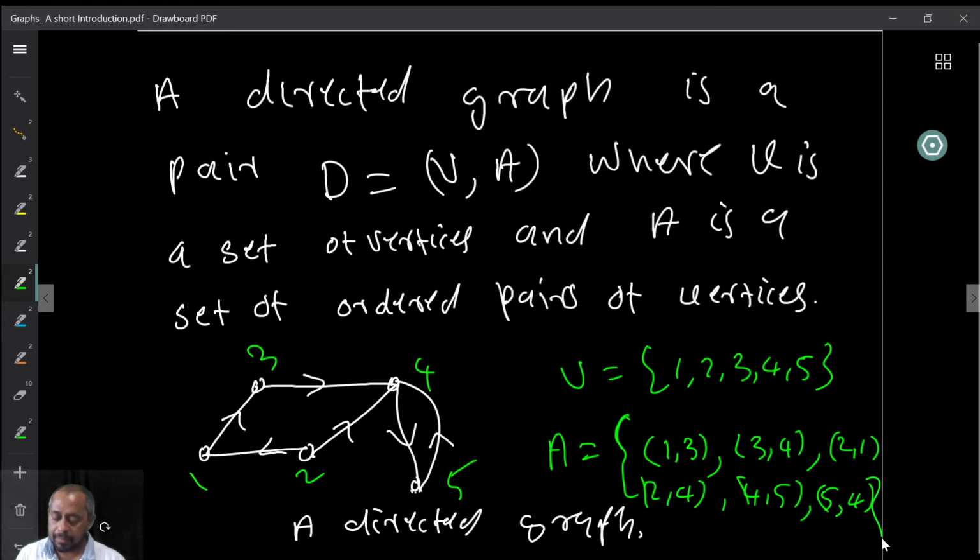So these are ordered pairs, and this defines the directed graph.